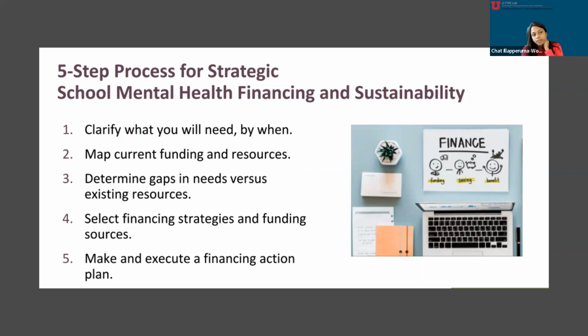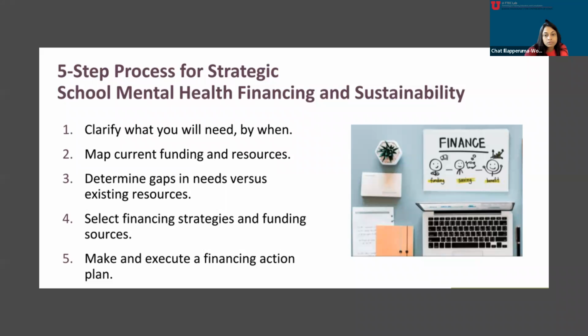Okay, so I know initially I did talk about school mental health financing, which is an important process that we need to engage in for sustainable mental health frameworks. As a part of the National Center for School Mental Health, the National Quality Initiative, there were some virtual training sessions and resources that were developed in collaboration with the American Institutes for Research.